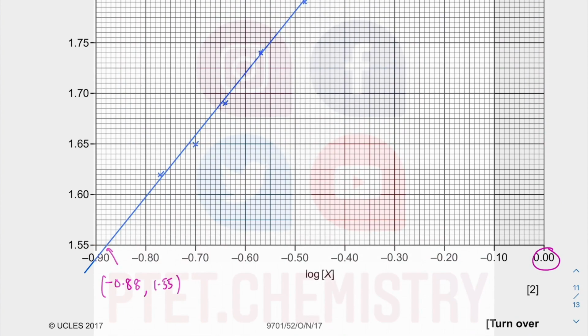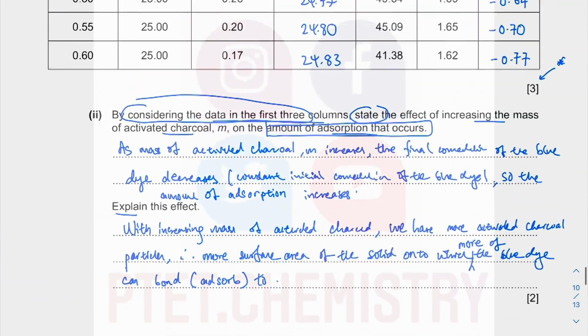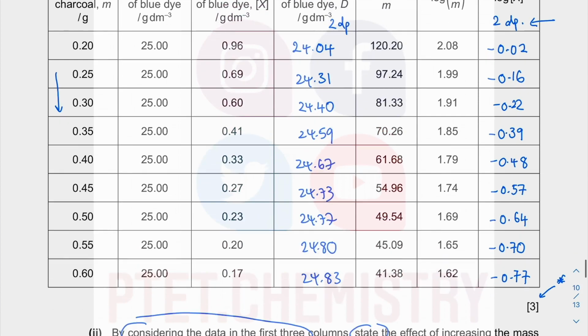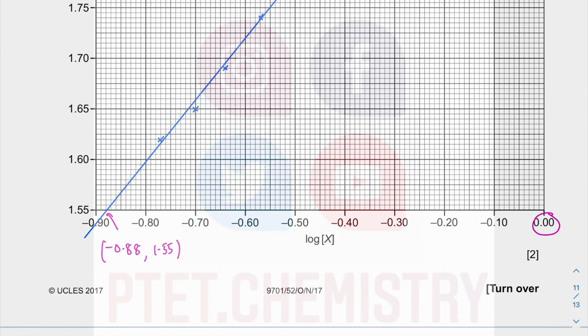If I read from this graph, if I extend this a little bit, I would probably say it's like three of these small squares.